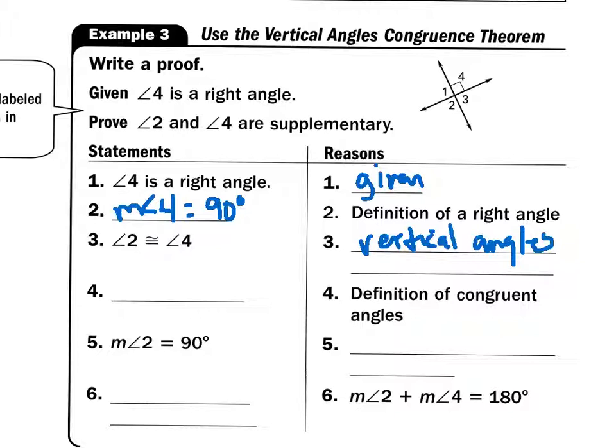Okay, and then what can we say now? So we know that the measure of 4 equals 90 degrees, and we know that 2 is congruent to 4. So we could say that the measure of angle 2 equals the measure of angle 4, and the measure of angle 2 is 90 degrees because we can substitute in.